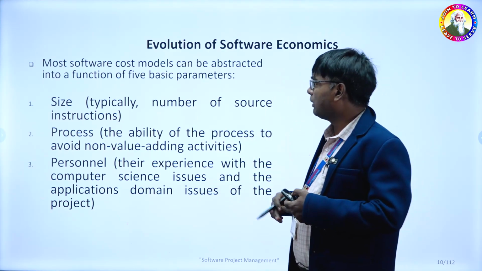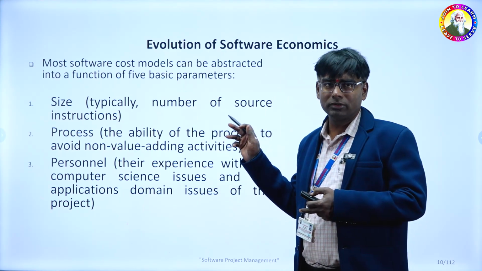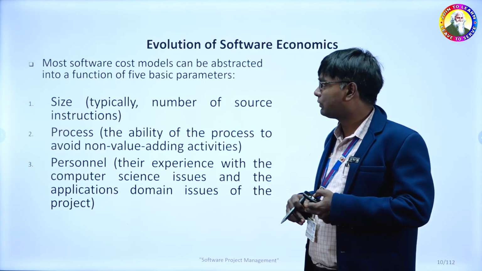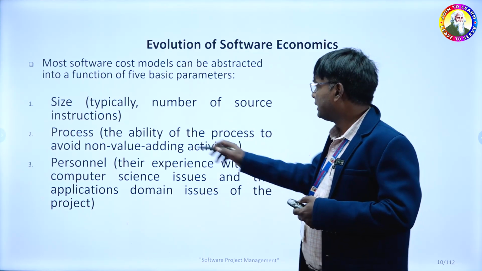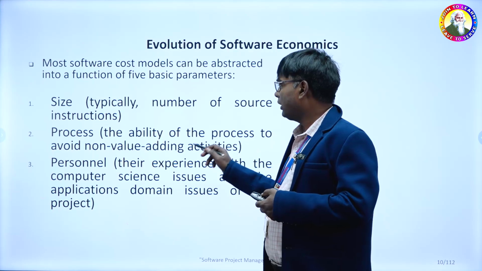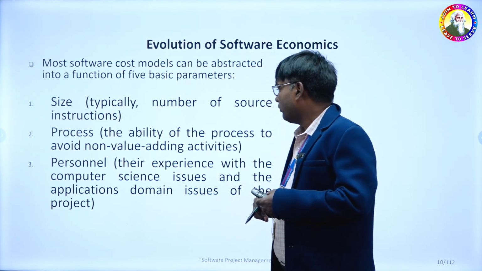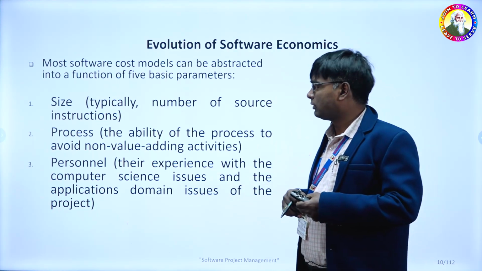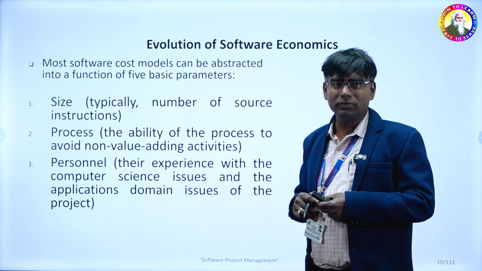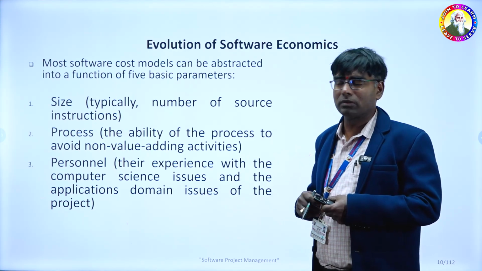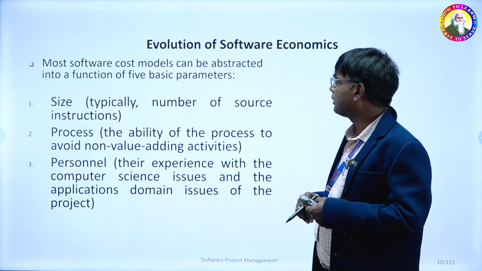Size, typically the number of source instructions we write, in terms of SLOC, source lines of code. Process, the ability of the process to avoid non-value-adding activities. The process model which you are choosing will be very important for developing a software or a product. So process plays a very important key role.